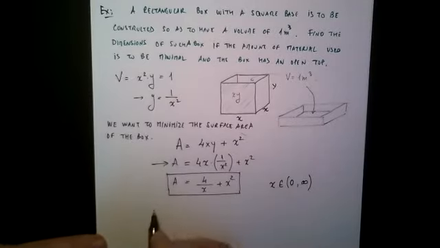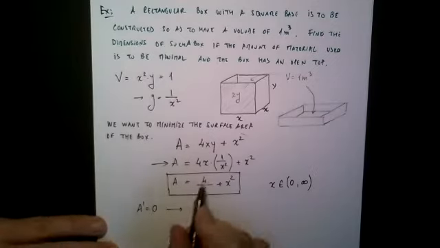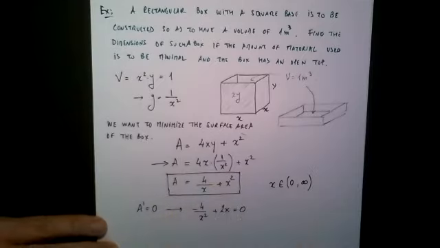So let's find the A prime and put it equal to 0. The derivative would be -4 over x squared plus 2x, and that's equal to 0.